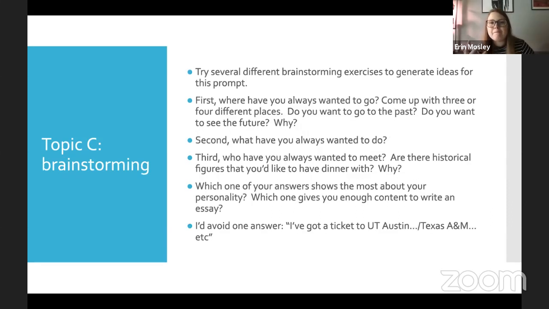So for this one, you just want to generate as many ideas as possible since it's so open-ended. There can be so many topics for you to write on. So first, think about questions like, where have you always wanted to go? Do you want to go to the past? Do you want to go to the future? Don't just limit yourself to locations. It can be locations in time, like going back into the past and meeting someone famous.